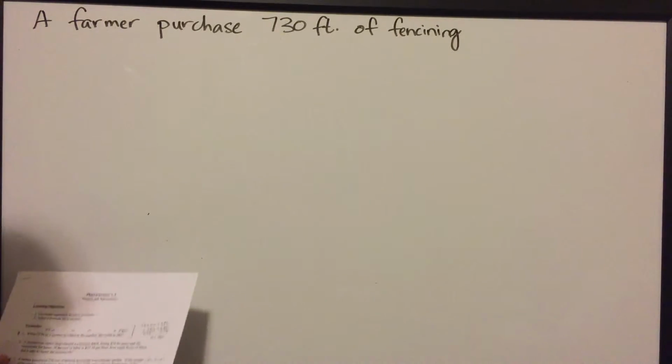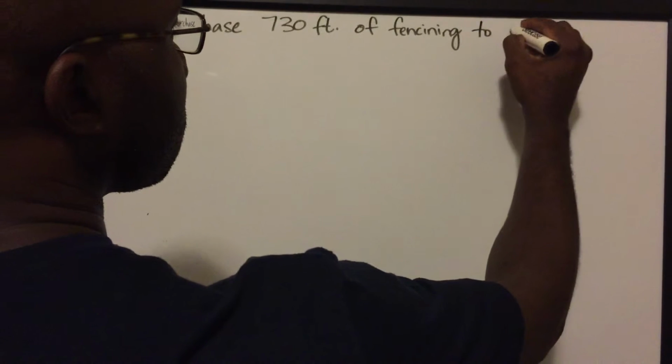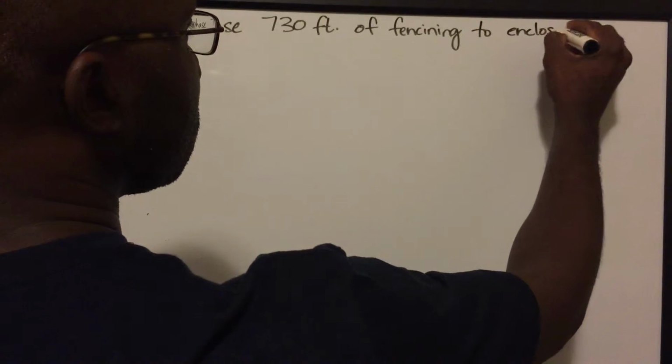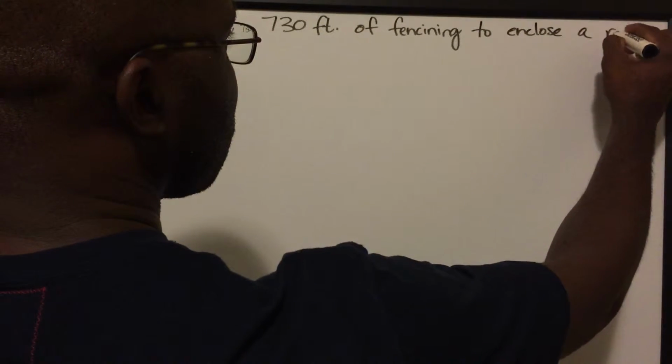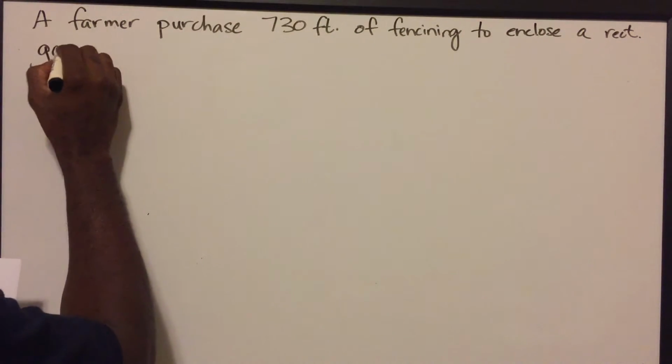I spelled fencing wrong, but don't worry about it. To enclose, I'm going to use shorthand here, a rectangular garden.